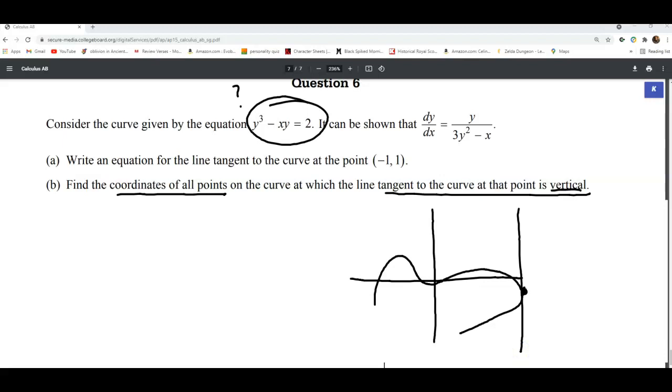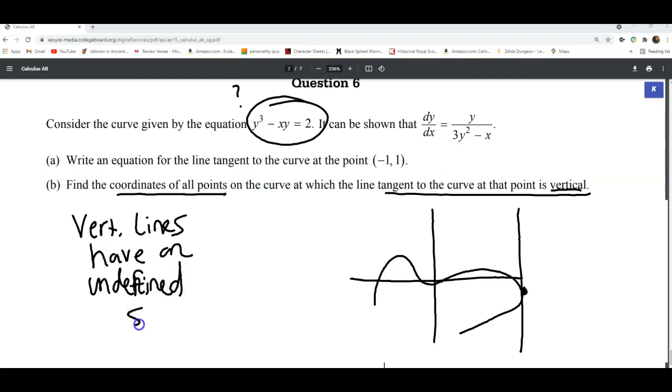So what do we know about vertical lines? Well, although you might have forgotten this, vertical lines have an undefined slope. This might be a good thing to write down in your notes. Vertical lines have an undefined slope.